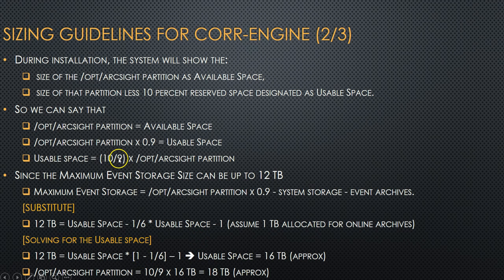Sorry, this is wrong in the sense that the /opt/arcsight partition equals 10 over 9 the usable space. I'll try to put a comment here to rectify this after finishing my video. So actually the /opt/arcsight partition equals 10 over 9 of this value, so it will be about 18 tera.